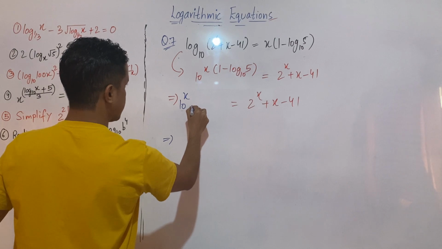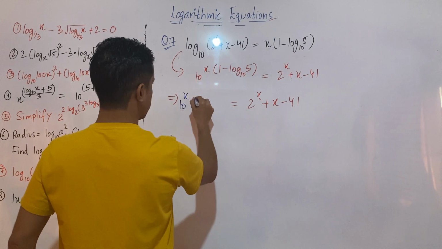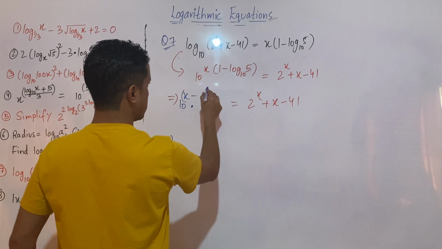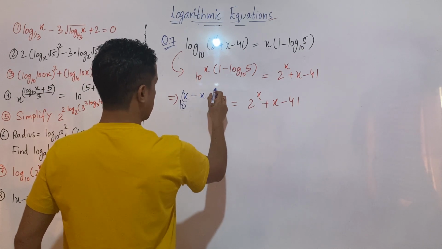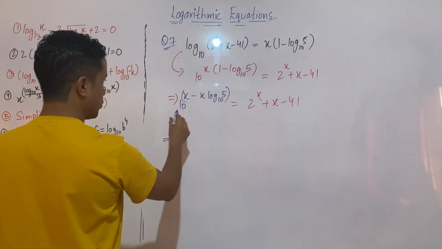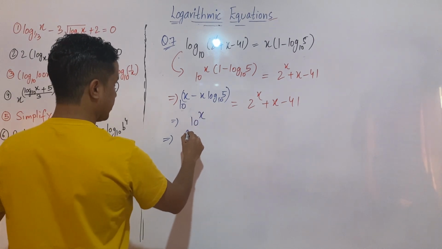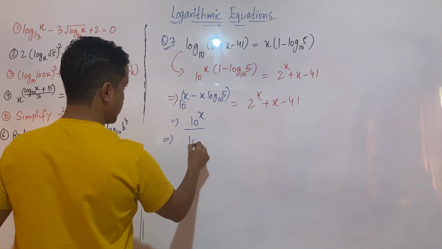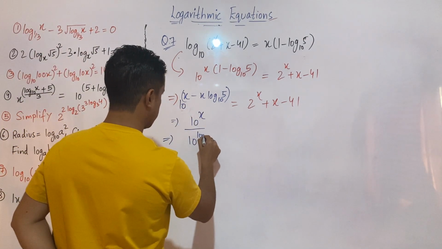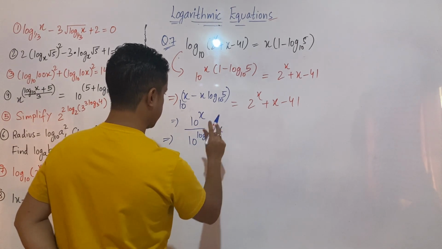10 raised to x, and here 10 raised to, can I write 10 raised to x minus x log 5 to the base 10, right? So it's going to be 10 raised to x, and here 10 raised to log 5 raised to x base 10, right?